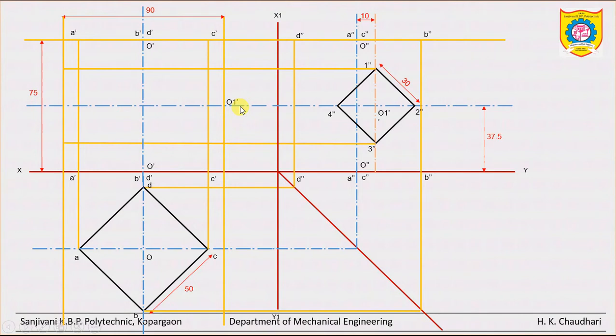So label the axis and points O1 dash, O1 dash, and then the points as 1 dash, here 2 dash, here 3 dash, again here 4 dash. Okay, similar to the left face. This is the left face. Okay, now what will be the next step?